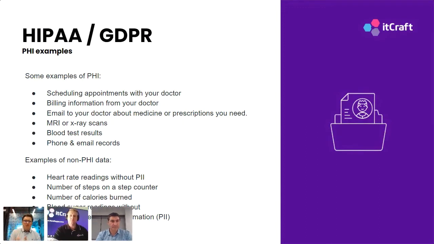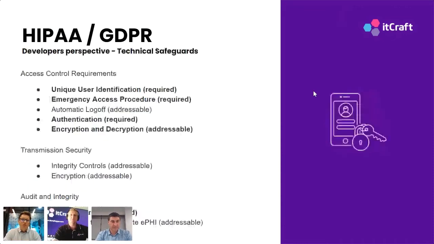So with these theoretical and practical examples, I believe that we are ready to move on to look at some technical safeguards that must be implemented to secure PHI, and most often this is just a developer's responsibility for these rules to be actually met.